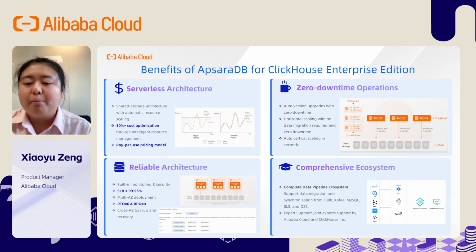Finally, we provide a more comprehensive ecosystem supporting data migration and synchronization from Flink, Kafka, MySQL, SLS, and OSS. And because the Enterprise Edition is co-developed by Alibaba Cloud and ClickHouse Incorporation, this version is backed by joint expert support from both Alibaba Cloud and ClickHouse Incorporation.